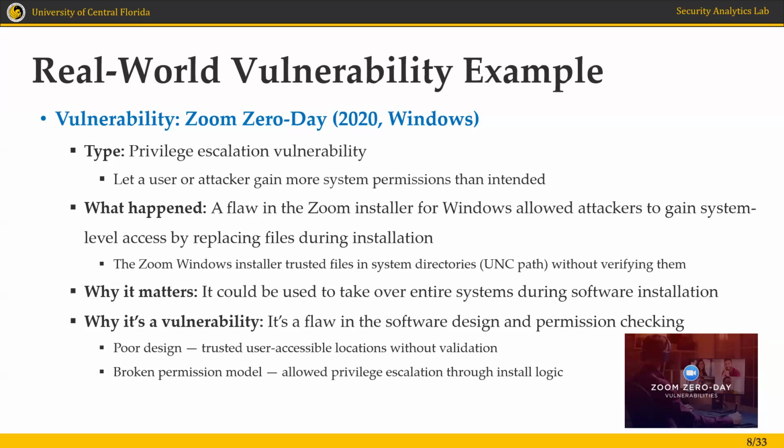Why this matters: it could be used to take over the entire system during software installation. It is a vulnerability because there's a flaw in the design of the software and permission checking. Poor security design trusted user-accessible locations without validation, and the broken permission model allowed privileged installation logic.